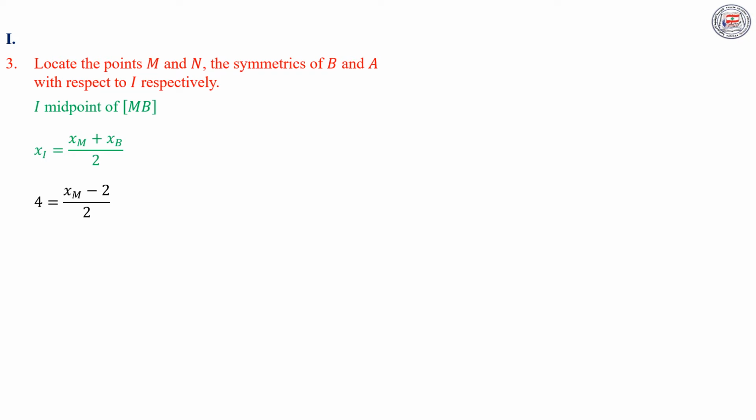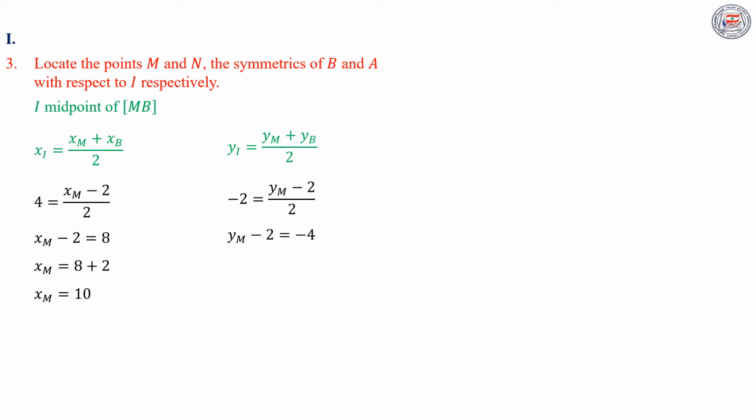We make a cross multiplication and we get xM minus 2 equals 8, then xM equals 8 plus 2 equals 10. And yI equals (yM plus yB) over 2, we have yI equal -2 and yB equal -2, then -2 equals (yM minus 2) over 2, then yM minus 2 equals -4, then yM equals -4 plus 2 equals -2. Then the coordinates of M are (10, -2).